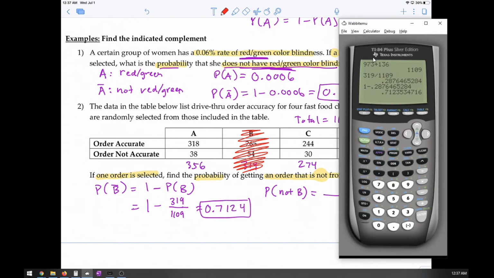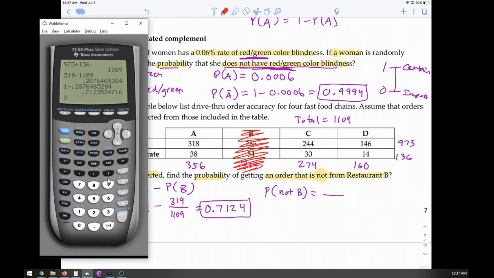The numerator would be 356 plus 274 plus 160. Those are the not B's, so that's 790 over 1109. So 790 divided by 1109 gives you the same exact answer as using the complementary formula.